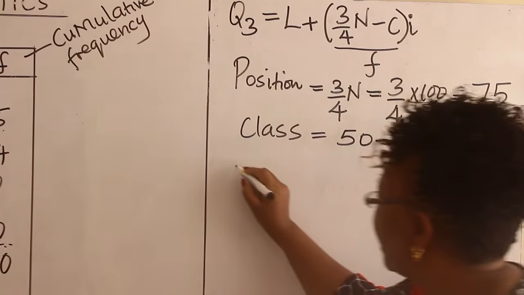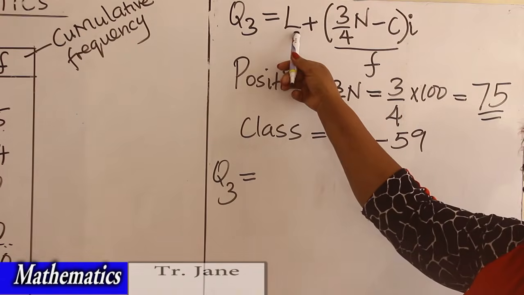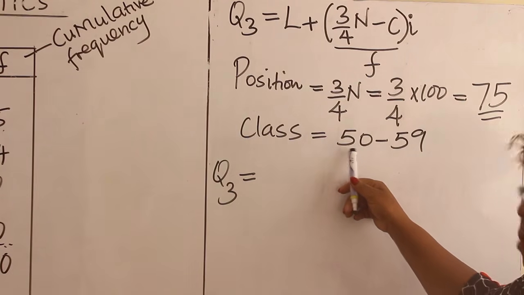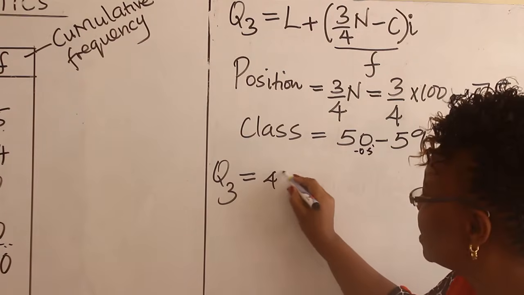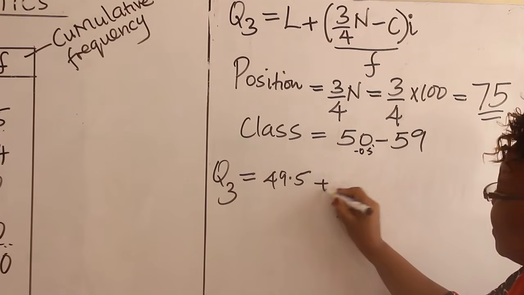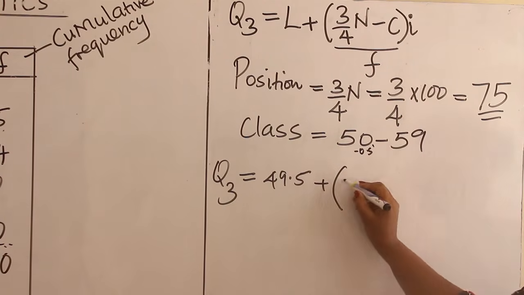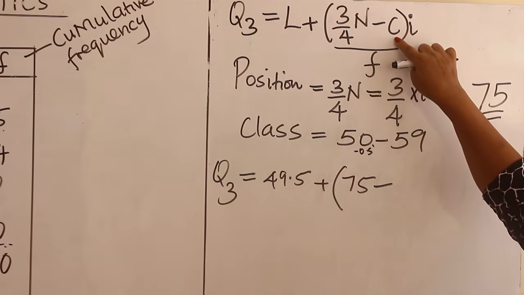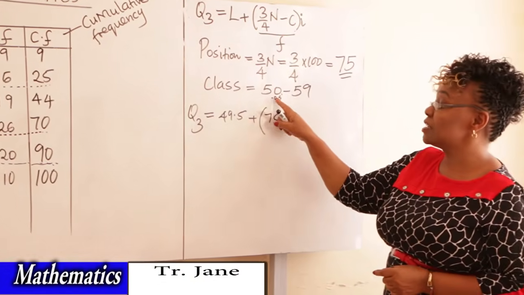Then from there, learner, work out your Q3. Your Q3 is given by L, the lower class limit of the class that you are dealing with. So 50 minus 0.5 gives you 49.5. Now plus 3 over 4 of n, we have already worked out that this is 75, minus the cumulative frequency just above the class under consideration.